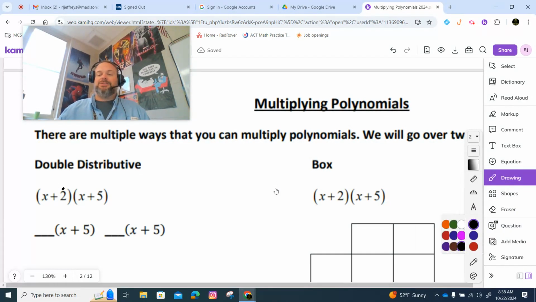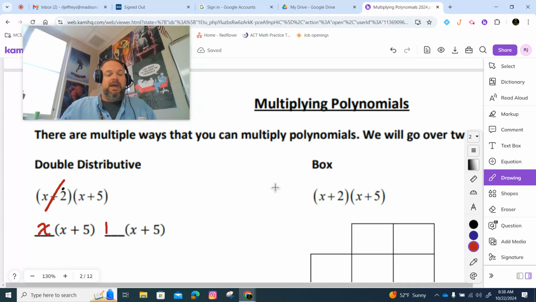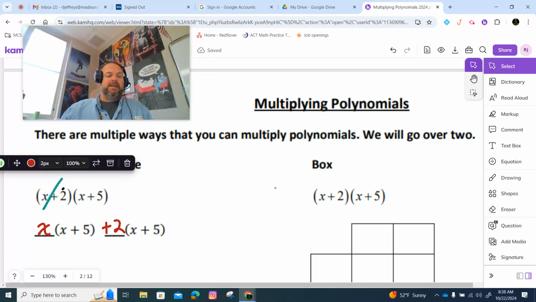all right. So what we're going to do is we're going to cut this first binomial into two pieces. Okay, we're going to slice like a ninja, cut like a razor blade. And we're going to put the first term here, and we're going to put the second term here. Okay, now I should have sliced a little bit better so I got that sign.